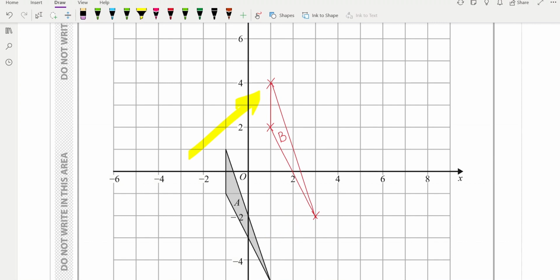This is a translation. If we check the point, this point is moved 2 units right and then 3 units up. So plus 2 and plus 3. So the column vector will be 2 and 3. This will be the translation vector.